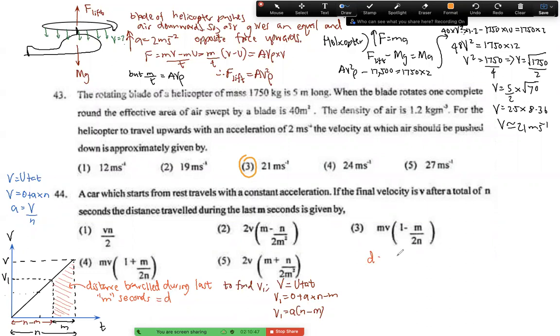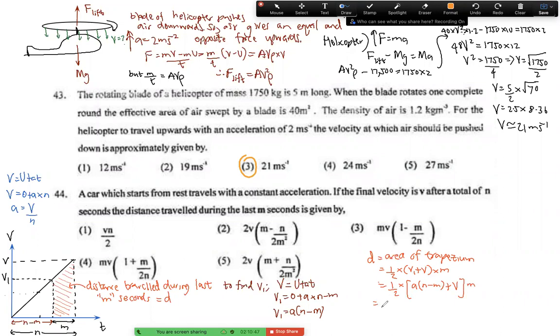So d is equal to the area of trapezium. What is the area of trapezium? Half into the addition of the parallel sides, v1 plus v, into the height m. So half into what is v1, this a into n minus m, plus v, into m.